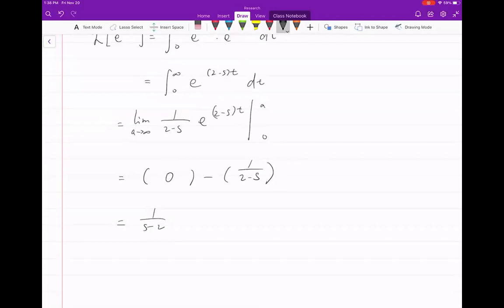But if you want to put 0, that must mean 2 minus s should be negative. That means s is bigger than 2. If 2 minus s is positive, you plug in infinity, you get infinity. It does not converge.